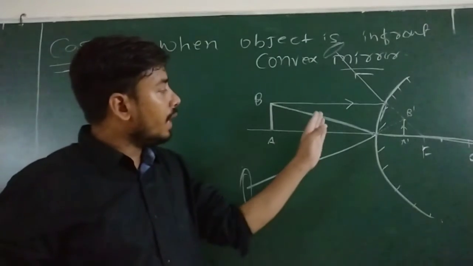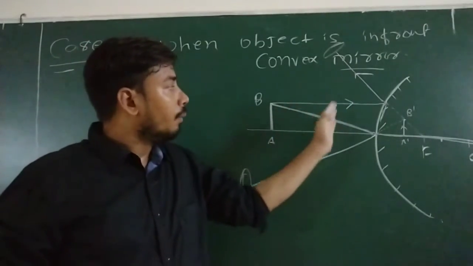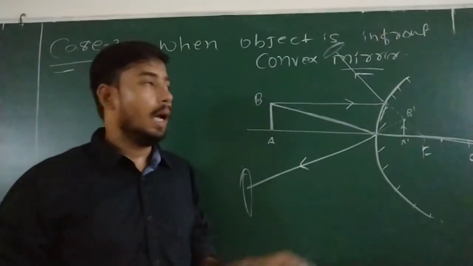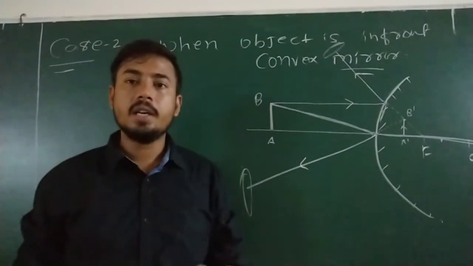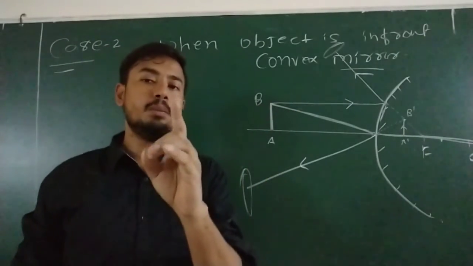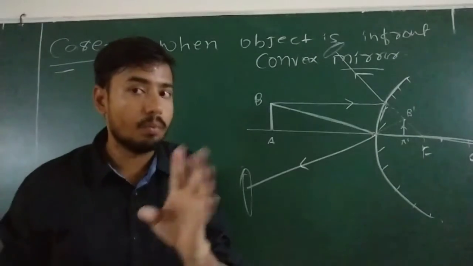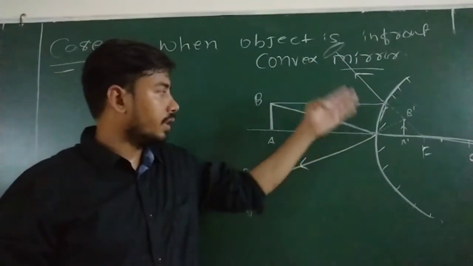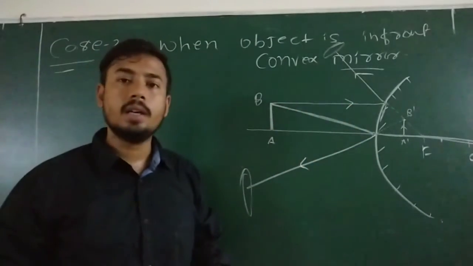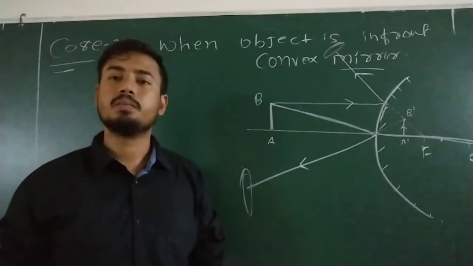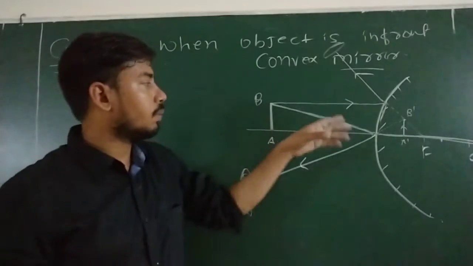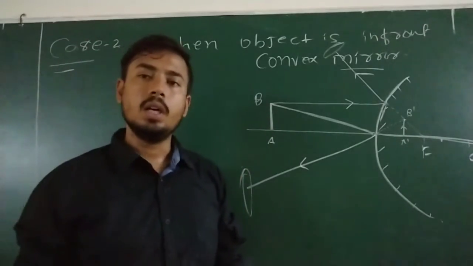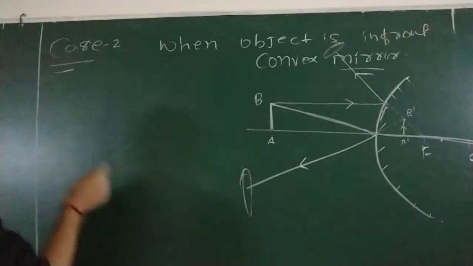First thing, image forming where? Behind the mirror and in the direction of the incident ray. So first of all, image will be positive. Positive means virtual, right? Second thing, is it erect or inverted? You can say erect, right? Size is small as compared to the object. So all these things we are going to write.